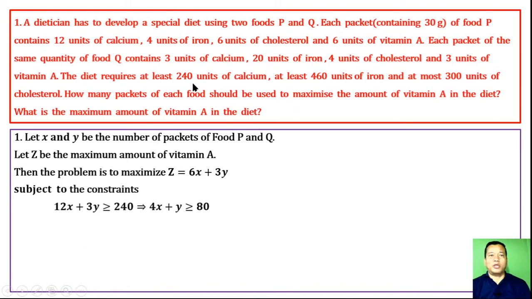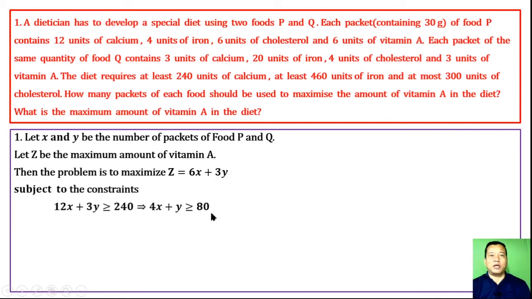The diet should contain at least 240 units of calcium. Food P contains 12 units of calcium per packet, so for x packets it is 12x. Food Q contains 3 units of calcium per packet, so for y packets it is 3y. Summing up, the value should be greater than or equal to 240.